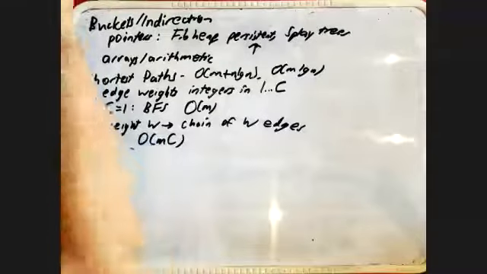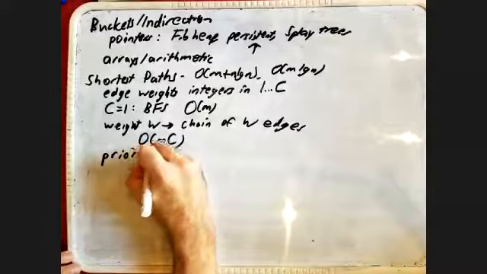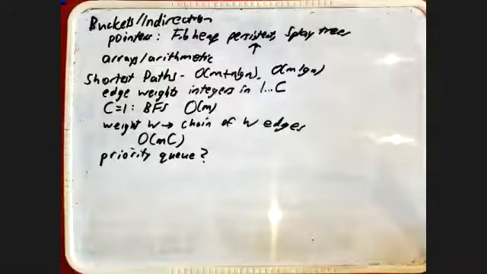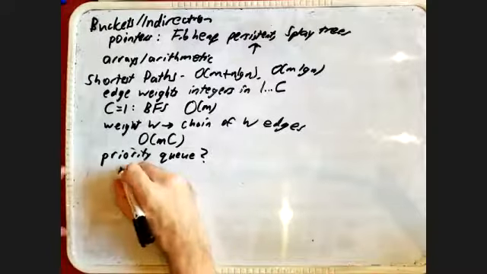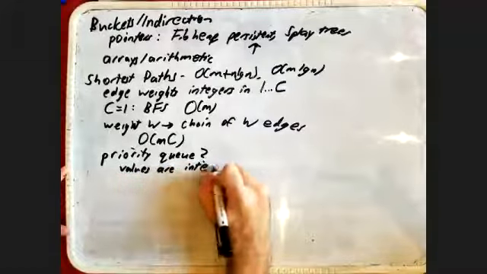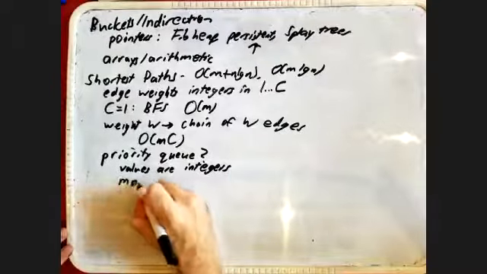If we're running Dijkstra's algorithm, and we're looking at the priority queue, what are we going to see? Well, the values in it are integers, not necessarily small, right? Now, another really important characteristic of this priority queue for Dijkstra's algorithm is that it is monotone.